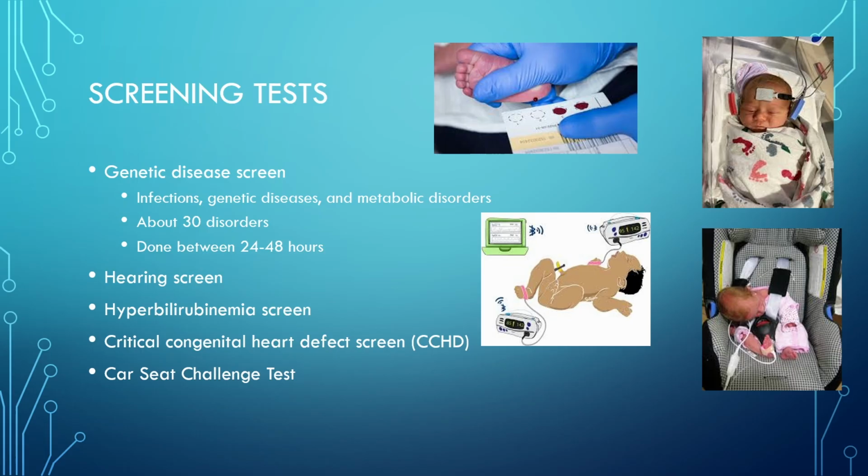And then the last thing listed on here is the car seat challenge test. You guys should have talked about this in peds, but it is a test that we do on our babies. We put them in a car seat and we monitor to see what their pulse does, their breathing, and their oxygen level.